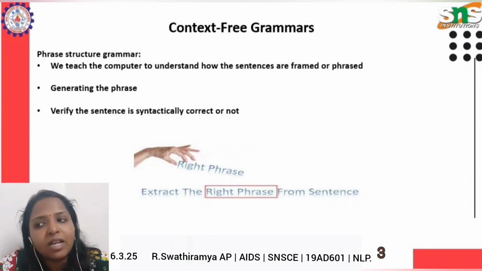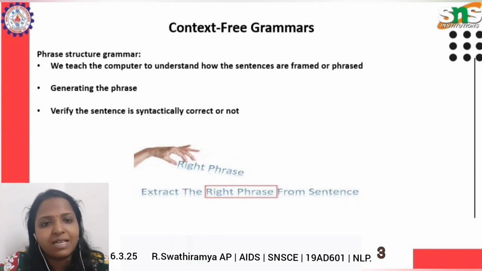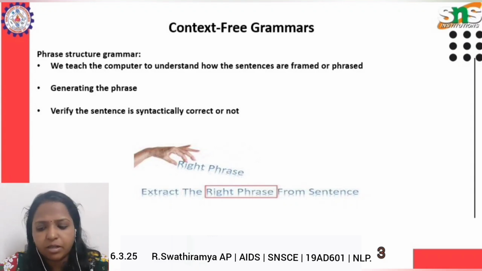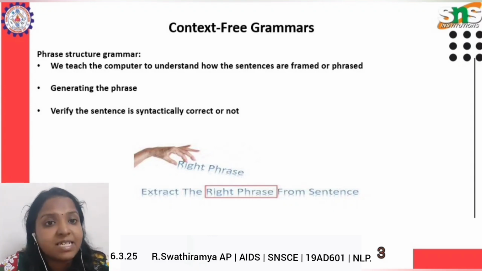These rules are given by context-free grammar. A CFG is nothing but a set of rules and regulations that tells the computer how to put all the words together to make a sensible, meaningful sentence. It's a very fundamental concept of how to teach the computer to understand human language.